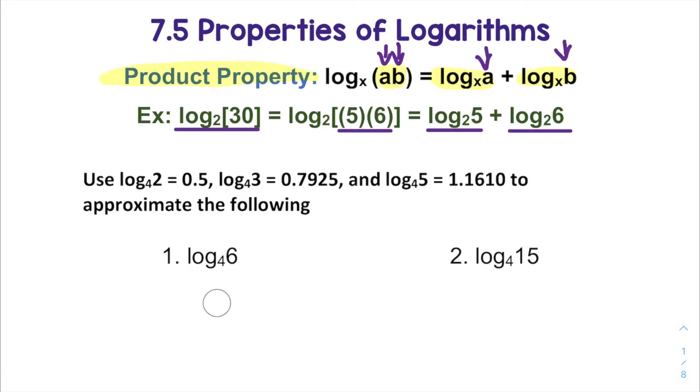What they give us here in our directions, this is just a second method of finding our value, is a bunch of log values that we wouldn't know off the top of our head, but we're going to use to evaluate these two problems. Since they give us log base 4 of 2, 3, and 5, and I want to use the product property for problem number 1, I'm asking myself what times what that they give us would equal 6.